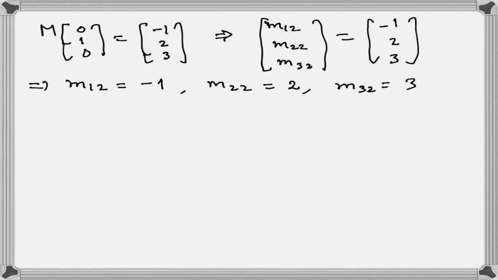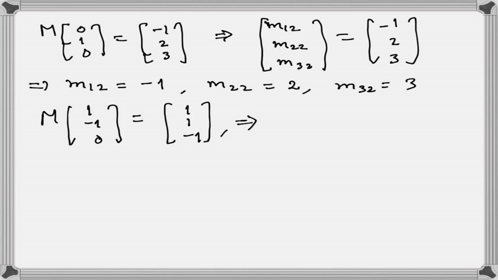Okay, so let's take the second equation, which is M times (1, minus 1, 0) is equal to (1, 1, minus 1), and this implies if you multiply M with (1, minus 1, 0), then you get M11 minus M12, M21 minus M22, M31 minus M32.